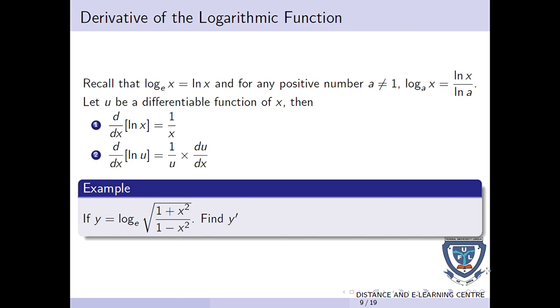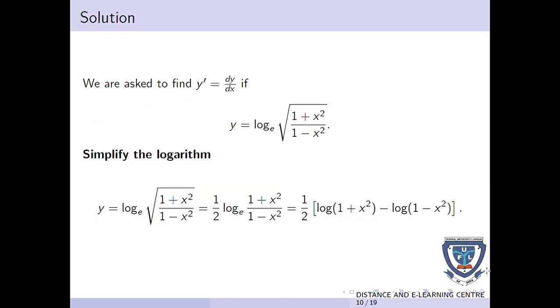Now, let's look at this worked example. If y is equal to log base e of the square root of (1 plus s squared) over (1 minus s squared), we should find the derivative of y. Solution: we are asked to find the derivative of y, which is dy dx.